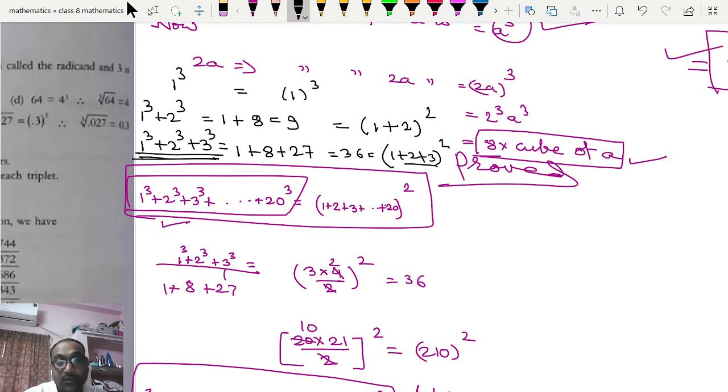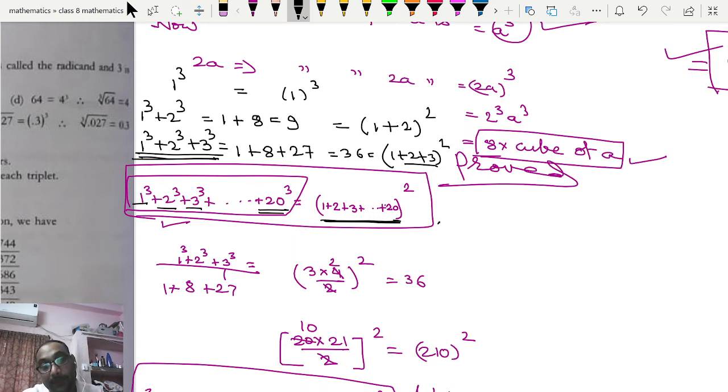In the same way, if you are writing 1 cube plus 2 cube plus 3 cube plus 4 cube plus 5 cube up to 20 cube, you can directly find its answer: (1 plus 2 plus 3 up to 20) square.